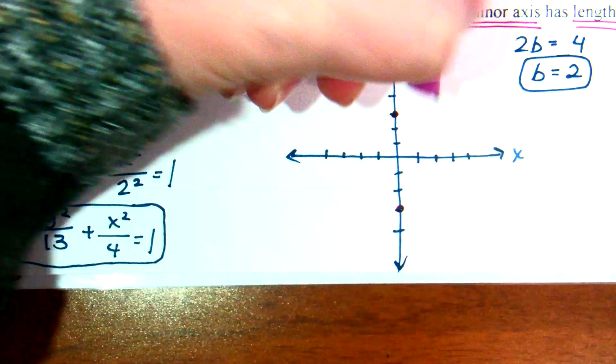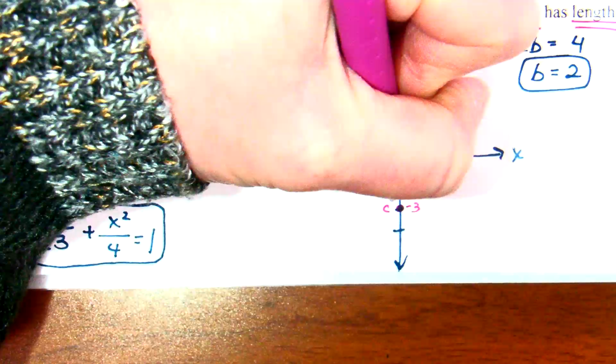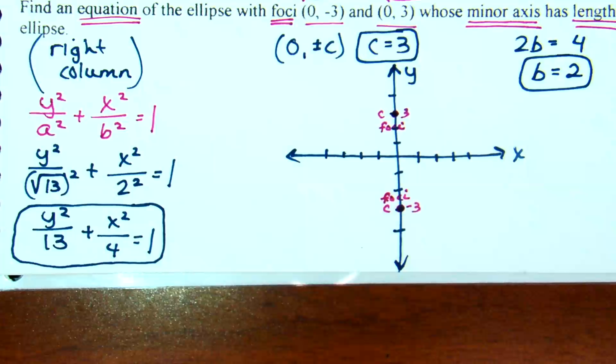For reference, I went up 3, I went down 3. Those are also my C values. When I go up 3 and down 3, those are my C values. And your C values will always be your foci. If you want to label that as a foci, you can, or put an F for foci.